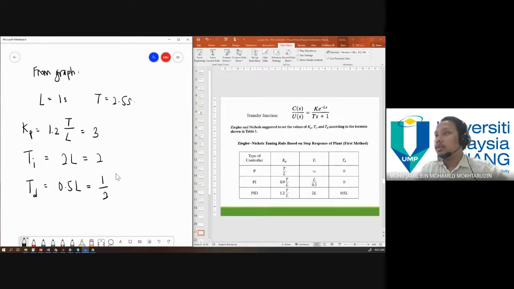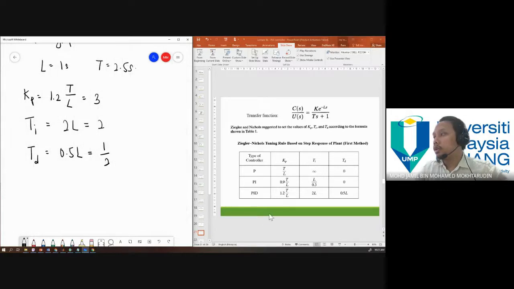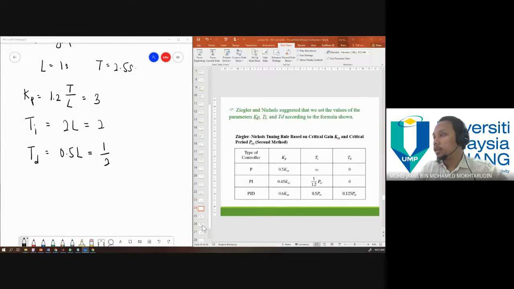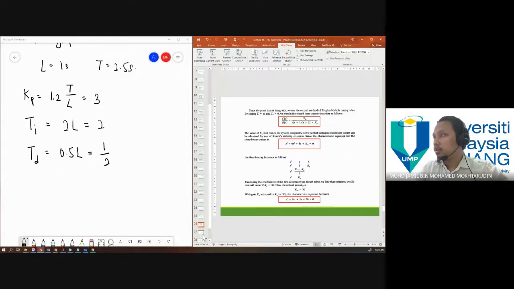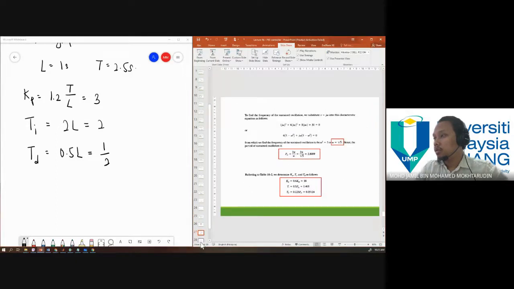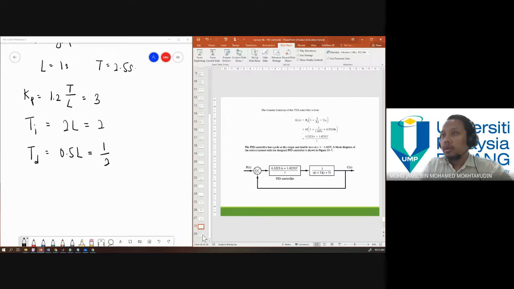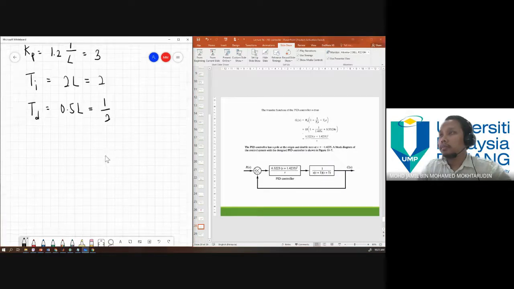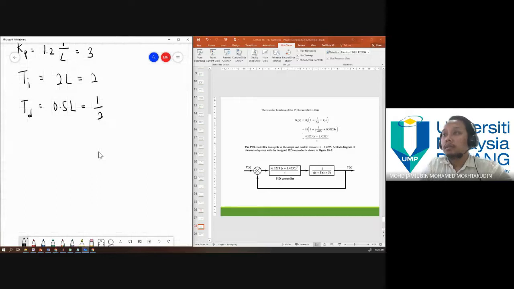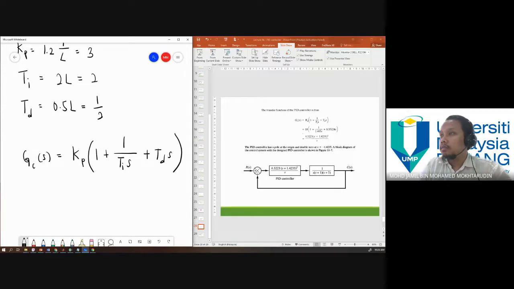And then substitute this into the transfer function for the controller. So the transfer function for the controller equals Kp times 1 plus 1 over Ti S plus Td S. Okay, so just substitute the values that you have found.